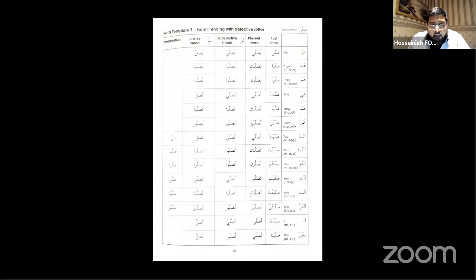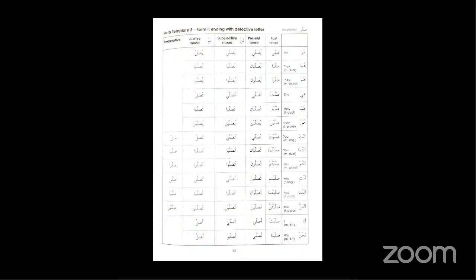But before that, I'll do the exercises from the book. Is it from exercise 1, lesson 1, all the way up to lesson 10? Yes, Sheikh. Lesson 1 to 10 inclusive.